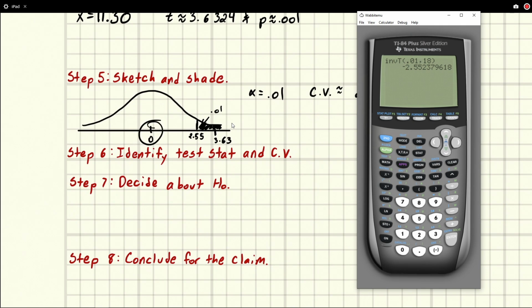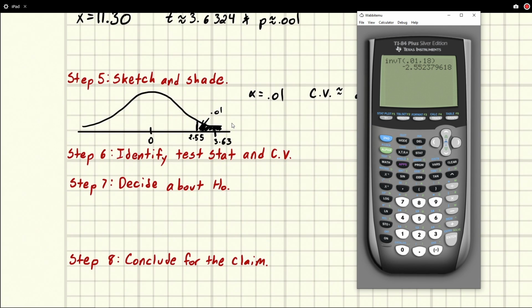If our null hypothesis is true, we should land somewhere here in the white region, but we didn't. We landed way out here. Also, we can look at our p-value, and our p-value is 0.001. That's p, and that's much less than alpha. So that means that we're going to land again in the shaded region. But I'm getting a bit ahead of myself here.